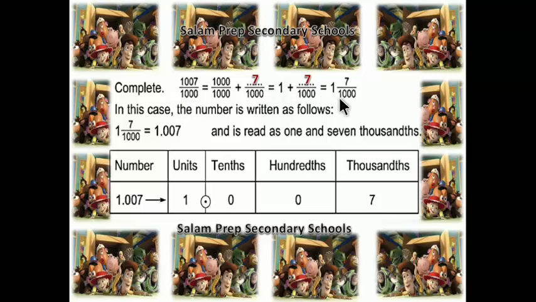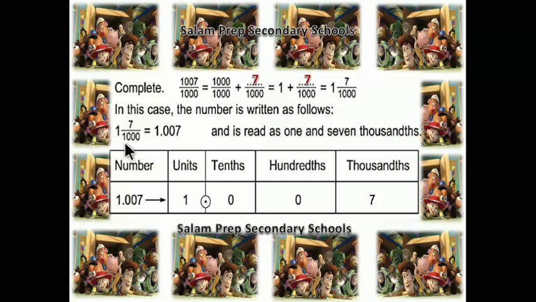So we will do as follows. 1000 over 1000 plus 7 over 1000 equal 1000 divided by 1000 equal 1 plus 7 over 1000 equal 1 and 7 over 1000. In this case, the number is written as follows. 1 and 7 over 1000 equal.